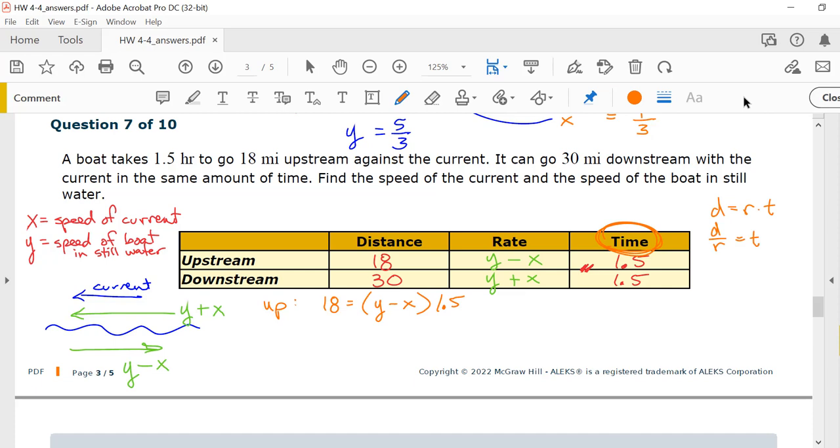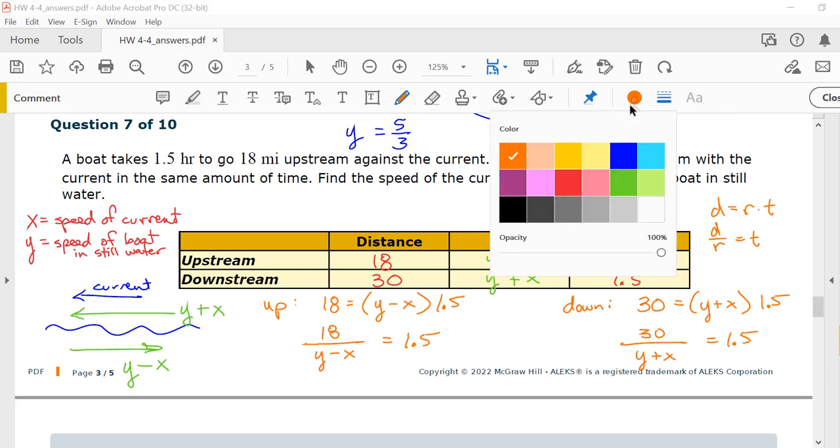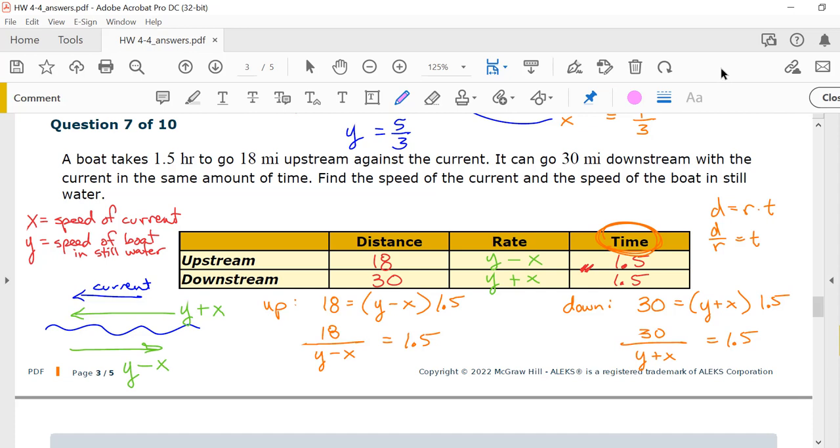If I divide both sides by y minus x, I get 18 over y minus x is equal to 1.5. Now, if I'm going downstream, I know that 30 equals y plus x times 1.5. In other words, 30 divided by y plus x equals 1.5. All right, there's my equation. I have 18 over y minus x is going to equal 30 over y plus x.